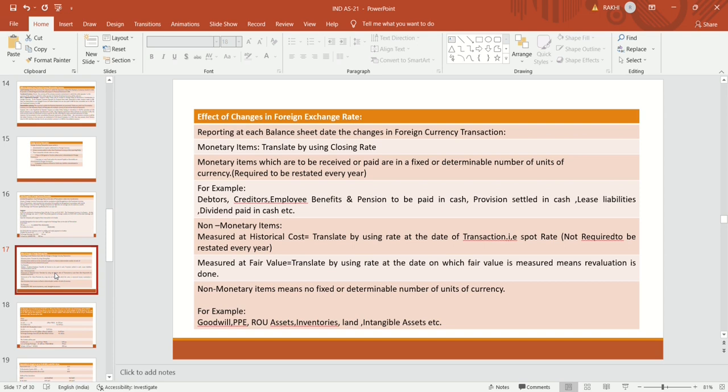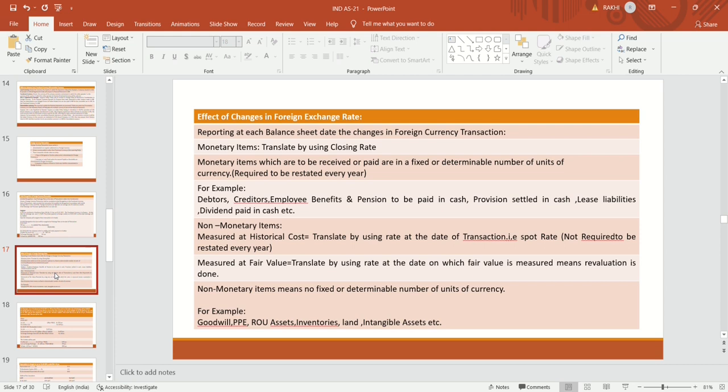The date on which the transaction is made, on that spot rate it is measured. Or if it is measured at fair value, that is if revaluation is done on that asset, then translate it by using the rate on the date on which revaluation is done. Examples of non-monetary items are goodwill, property, plant, equipment, ROU asset, inventories, land, intangibles.